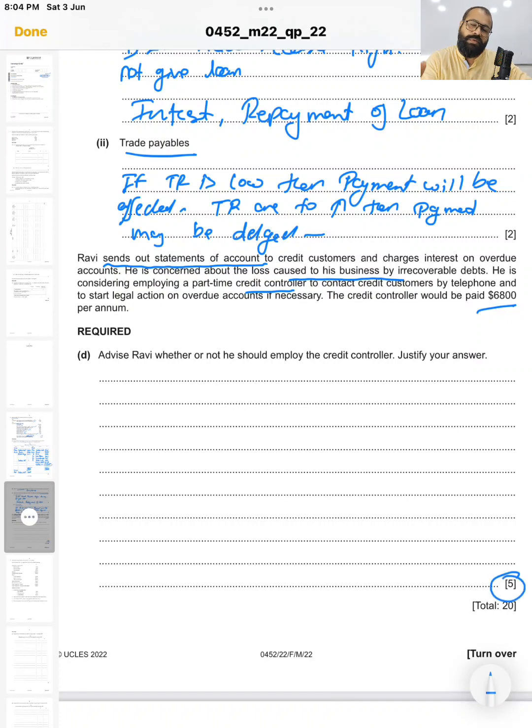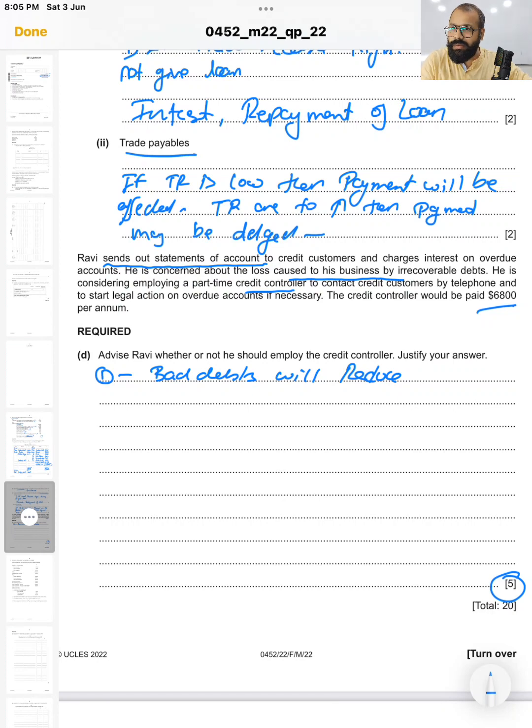So basically, to write this question, 2 points in favor of appointment, 2 points against, and 1 recommendation. So this is how you cover your 5 marks. Okay, so let me talk about the favor points. What is the advantage of having a credit controller? His bad debts will reduce, because that person will keep on contacting others and remind them, your payment is pending.